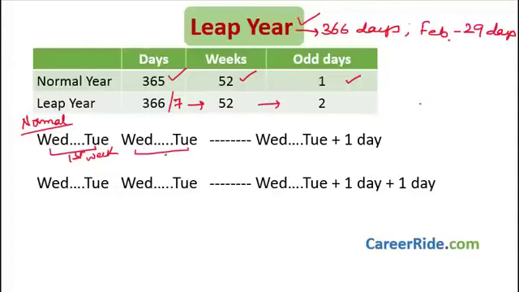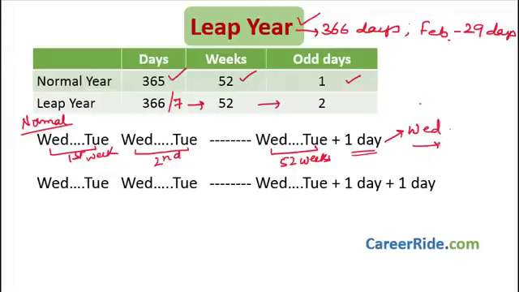So second week begins here. So this is my second week, and we saw that the 52 weeks get over like this only, and I am left with one day, and that day again was the Wednesday in case of this example. And we saw that a normal year starts and ends on the same day.